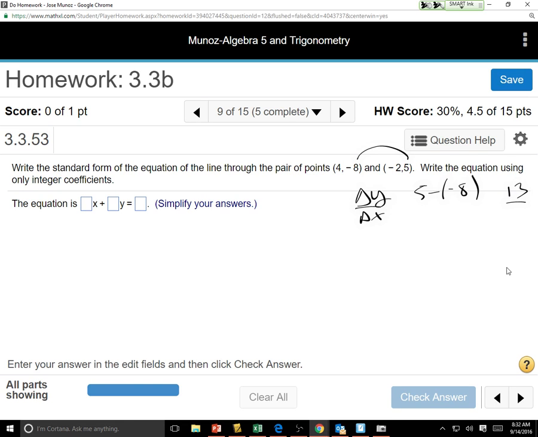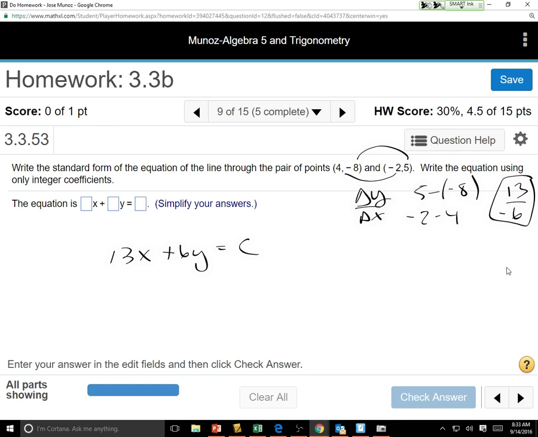And then negative 2 minus 4 is going to be negative 6. Now I'm going to go straight to standard form. So watch this little trick here. I want the first one to be positive, so I'm going to leave the 13x as positive and change the y to the opposite of negative. So that y becomes a positive 6y equals c.